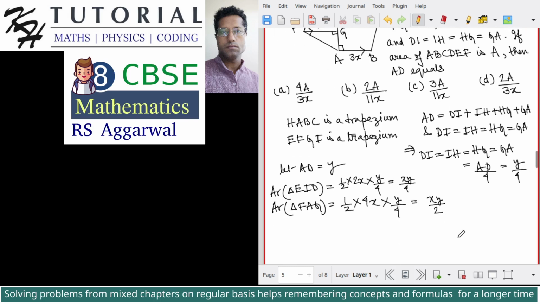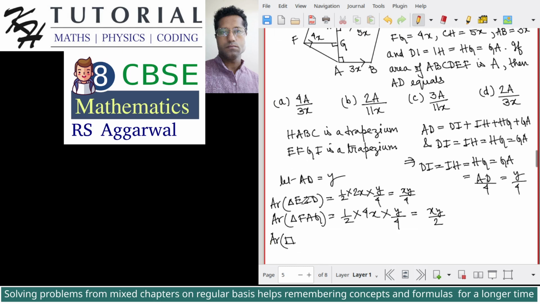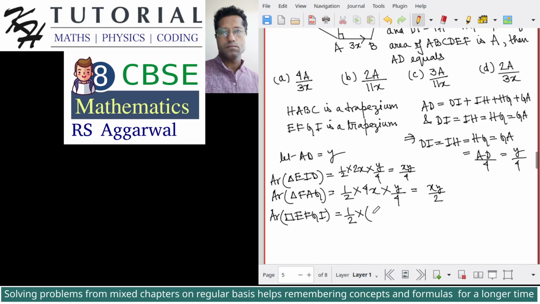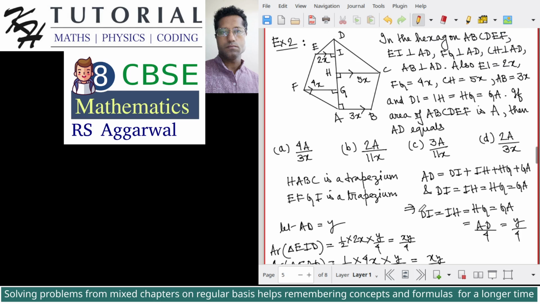Okay, and what is the area of the trapezium? We have the trapezium EFGI on the left hand side. The area of EFGI will be equal to a half into the sum of the parallel sides. The parallel sides are of length 2x and 4x, multiplied by the distance between the parallel sides, which is IG. Now what is IG?